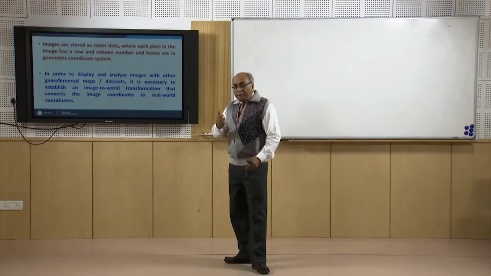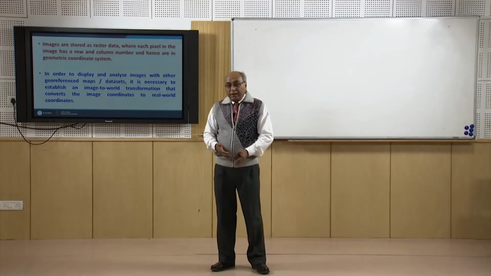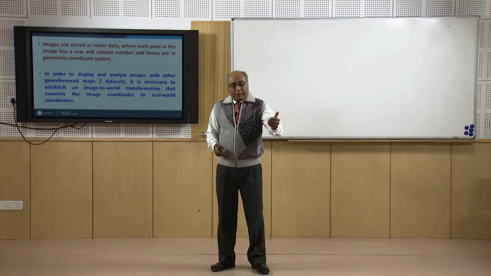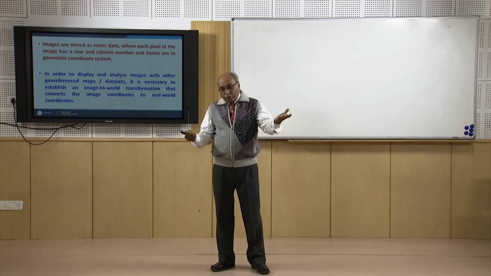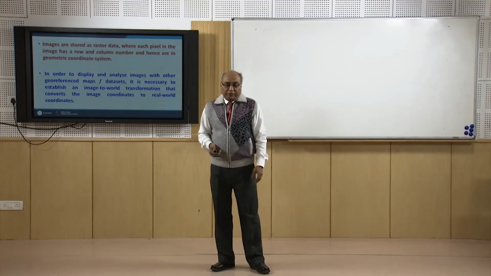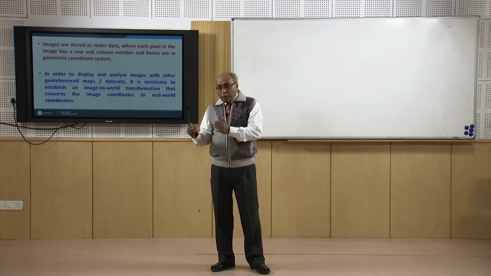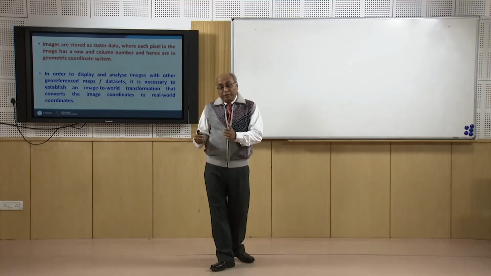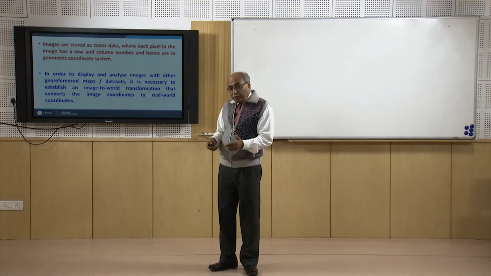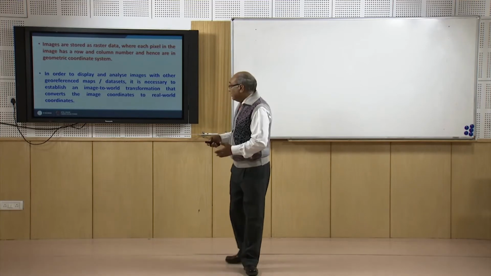So we need to have a master image or master map. The image, which is in the geometric domain, needs to be transferred into the geographic domain, so you need to have something which is already in the georeferenced or geographic domain.